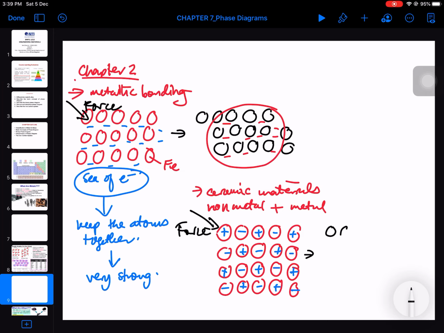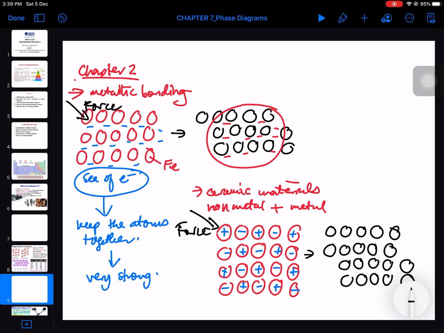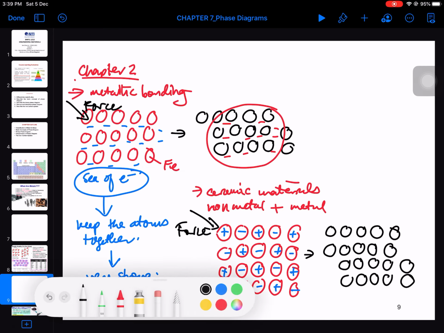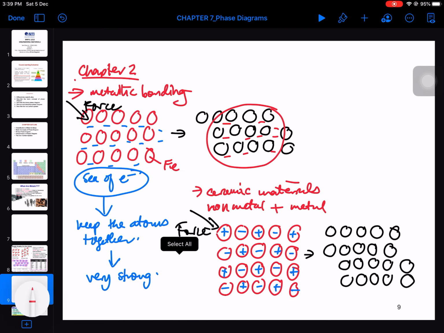So let's quickly draw this. At first, at equilibrium, we have all the opposite charges sitting next to each other. But once the deformation takes place, let me draw this, this might happen.